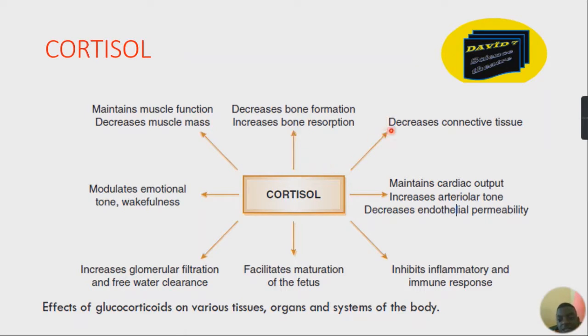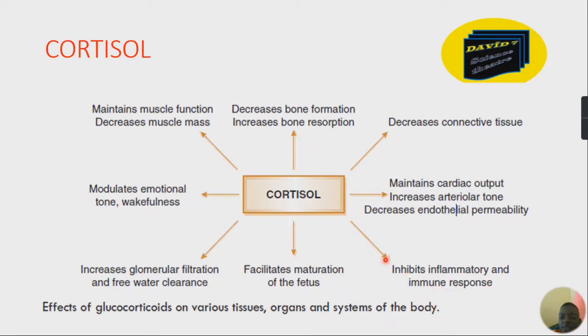Another function is that it decreases connective tissue. Cortisol maintains cardiac output. It increases tone of arterioles and decreases endothelial permeability, so the permeability of the endothelium reduces at the capillary level. Then cortisol inhibits inflammation and immune responses.